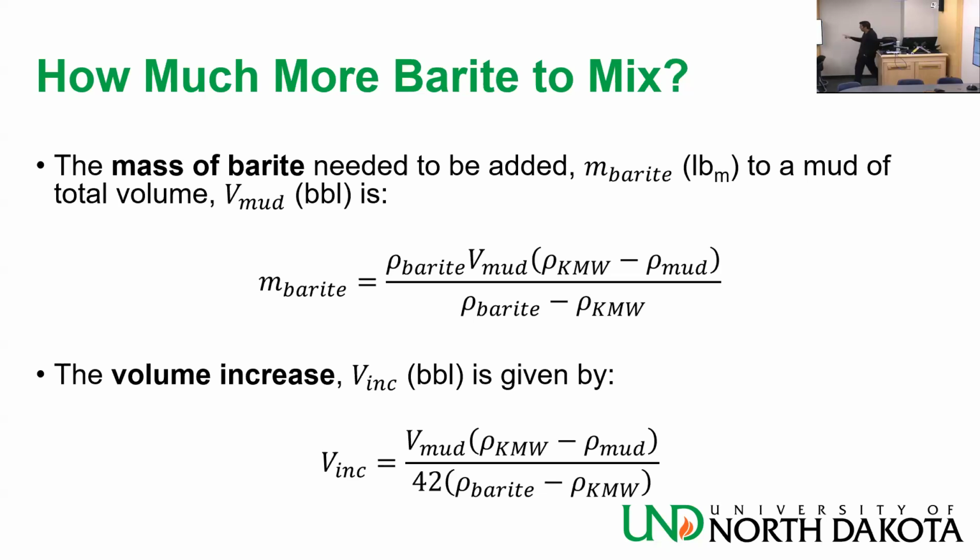Now, he's going to take this barite and divide it into the mass of barite per sack. And he's going to tell the people that work under him, mix so many sacks of barite in this volume of water, or the base of the mud that they are using, etc.